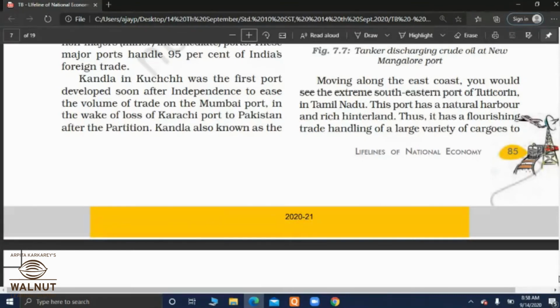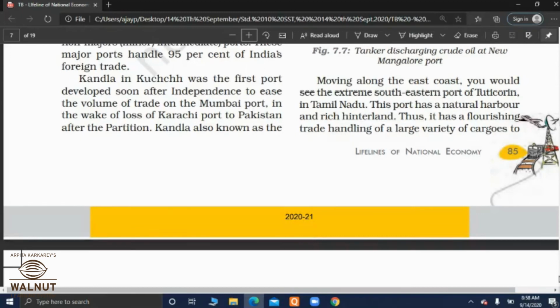Moving along the east coast, you should see the extreme southeast port of Tuticorin in Tamil Nadu. This port has a natural harbor and rich hinterland.